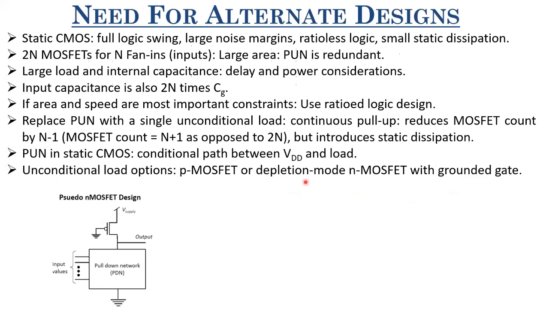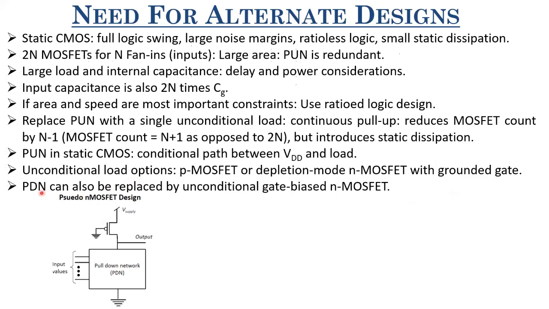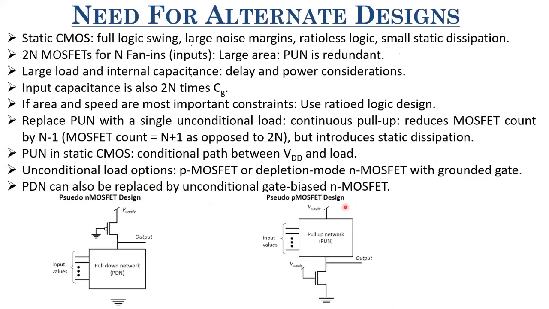The other option is that we can replace the PDN with an unconditional gate-biased NMOS and use the PUN for realizing the logic. This is also possible, and in this case it's called pseudo-PMOS design. Here we replace the PDN with an NMOS whose gate is connected to V supply. Actually, it should be V supply plus VTN, right?